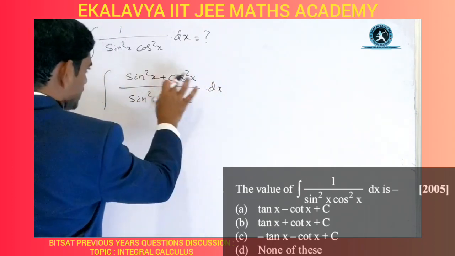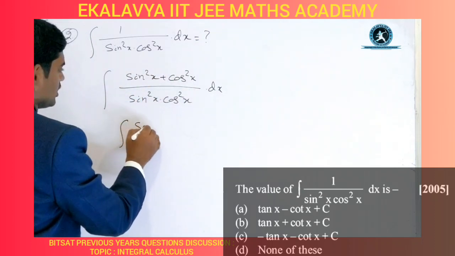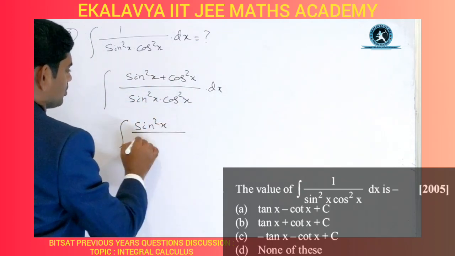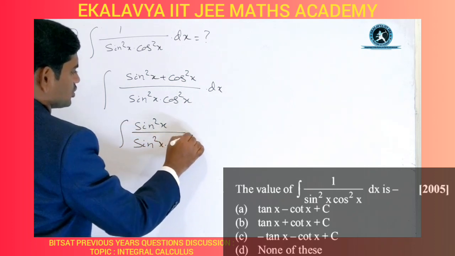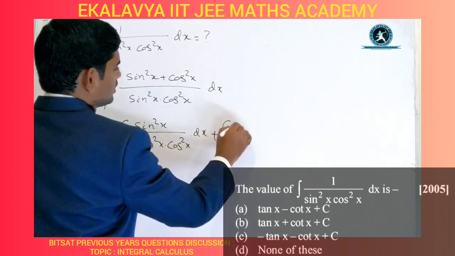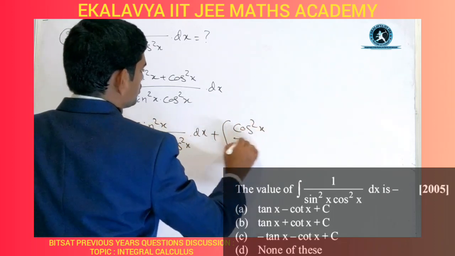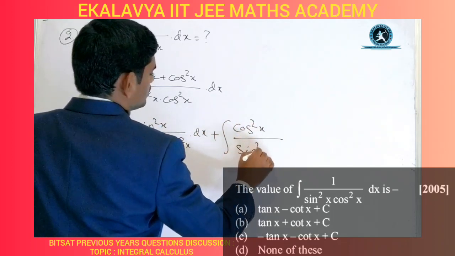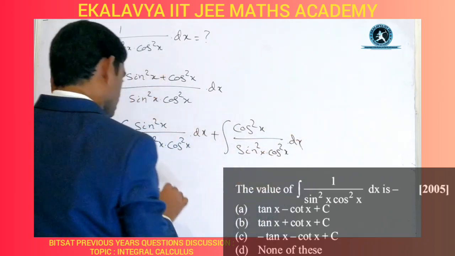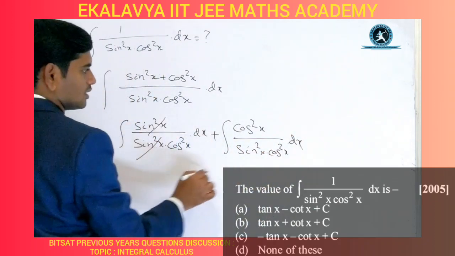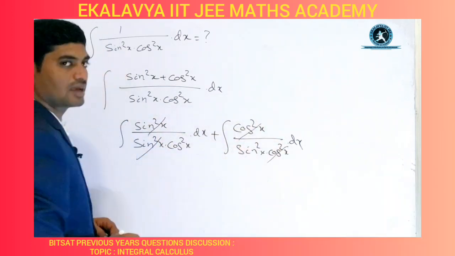Now I am splitting this integral: integration of sin square x upon sin square x into cos square x dx, plus integration of cos square x upon sin square x into cos square x dx. Now the sin square gets cancelled here, and cos square gets cancelled here.